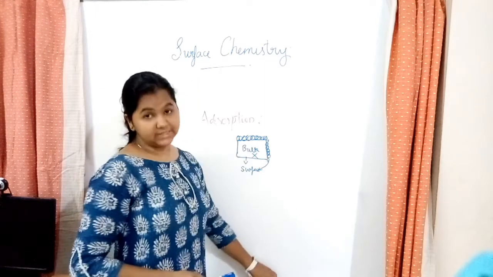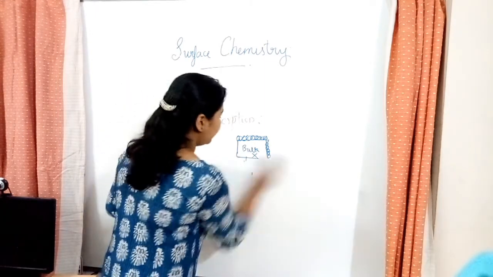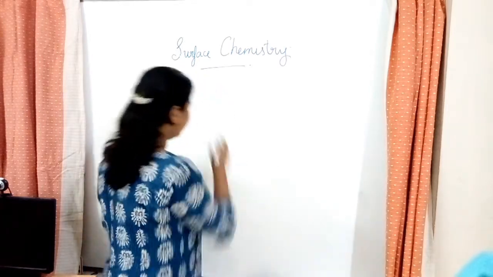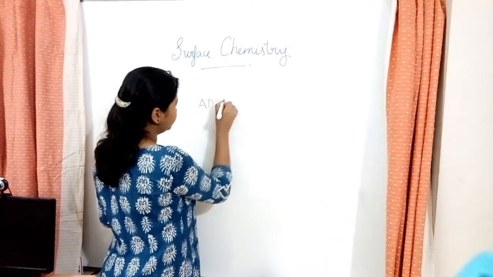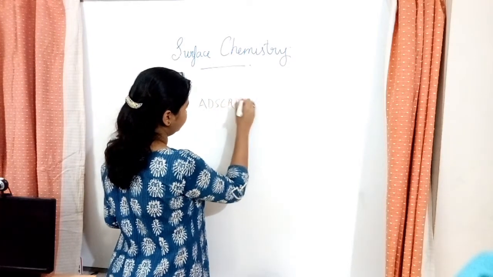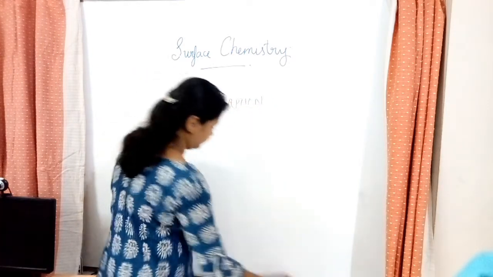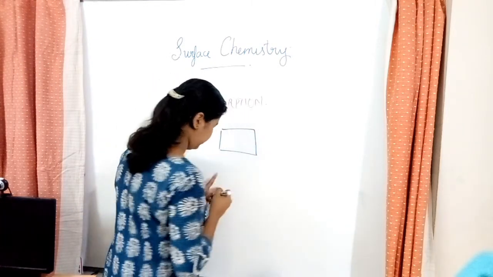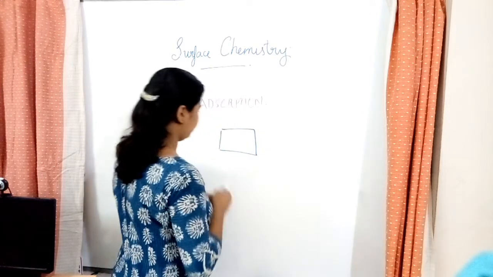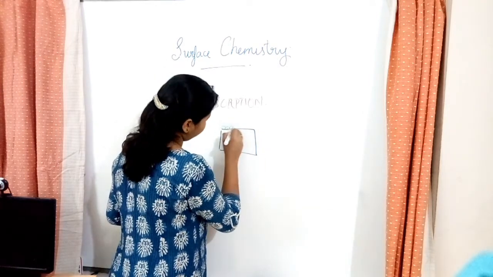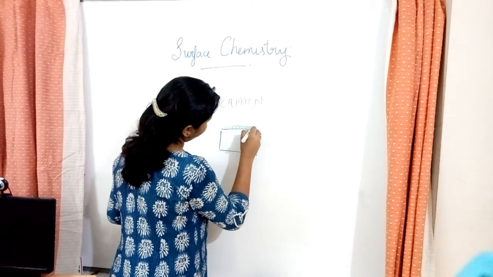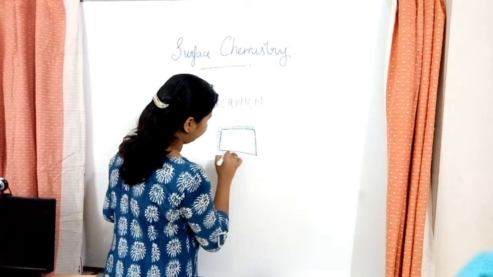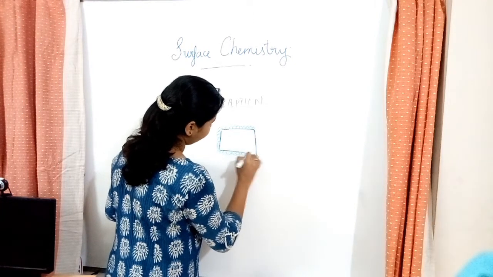So what is adsorbent and adsorbate? I'll draw a clearer figure to explain this. So these are the molecules that are settled or accumulated on the surface.